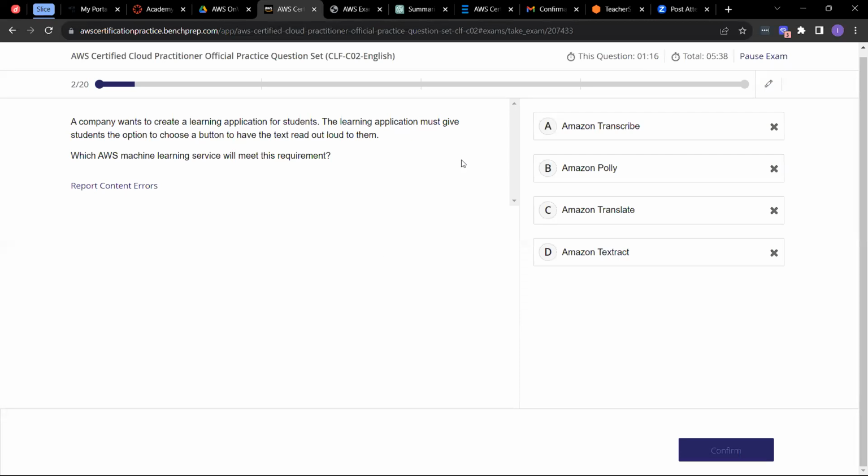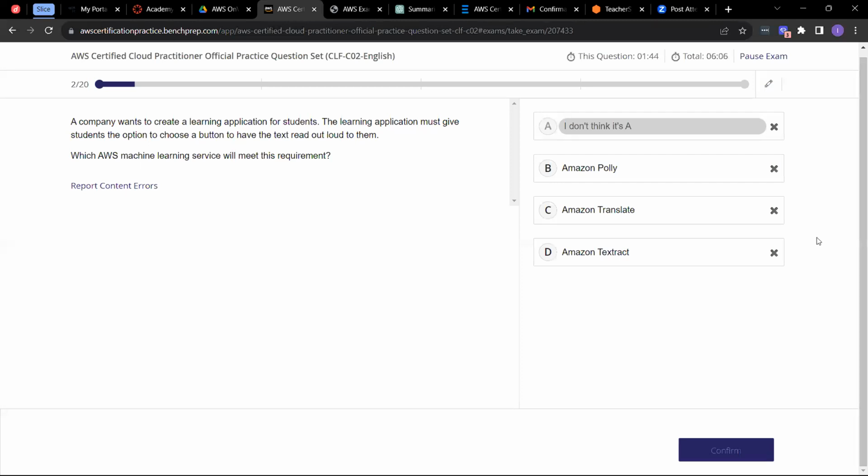Let's even forget the Amazons here. Let's look at Transcribe. In actual sense, Transcribe is you listening to audio and then converting it to text, converting it to writing. But for this one, it says it will read out loud the text to them. So Transcribe is out.